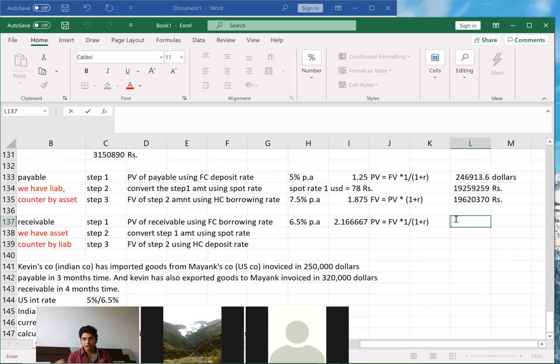Now future value, we have receivable amount 3,20,000. So that will be 3,20,000 into 1 upon 1 plus R. R is 2.16 upon 100, so 0.0216. So 1 plus 0.0216, that is 1.0216.